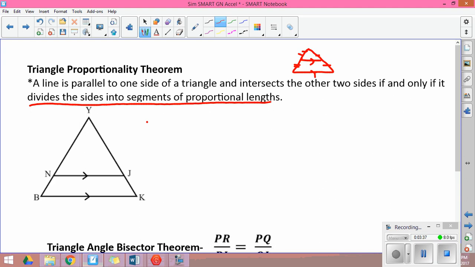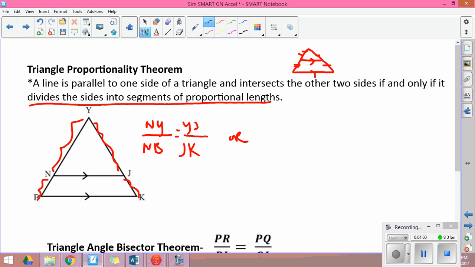So I can say that NY is at the same proportion as NB, this piece and this piece, as YJ is to JK. So I took piece compared to piece, piece compared to piece.